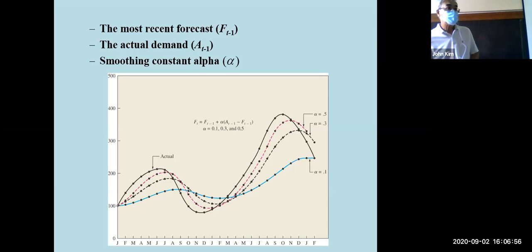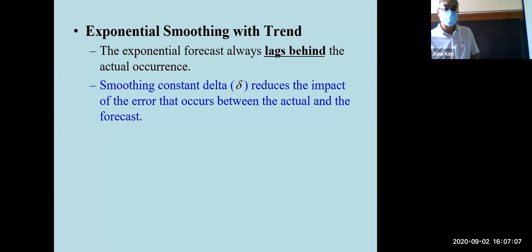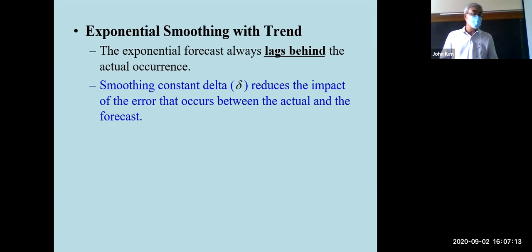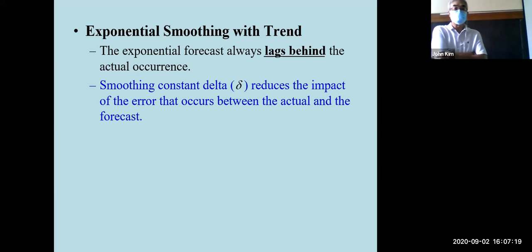To correct this error or problem, we use one more smoothing constant, delta. The smoothing constant delta reduces the impact of the error between the actual and the forecast, the lagging behind problem.